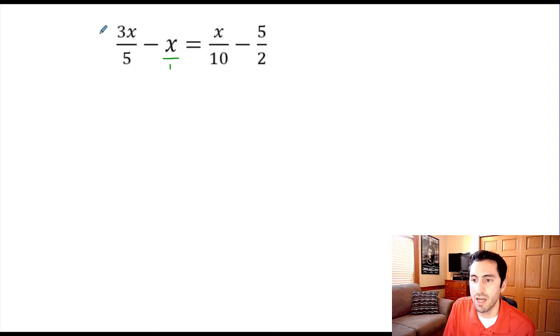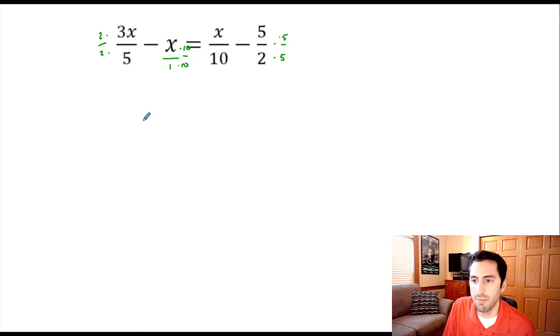So to make this denominator 10, I need to multiply by 2 over 2. My second one here, to make this denominator 10, I need to multiply by 10 over 10. I don't need to do anything to this fraction. It's already over 10. And then this last one, we would need to multiply by 5 over 5.